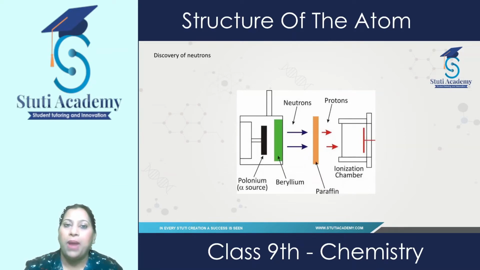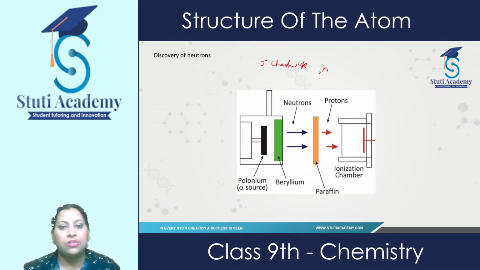The next subatomic particle is neutrons. Neutrons were discovered by J. Chadwick. And they are represented by the symbol small n. He took a beryllium sheet for his experiment. Then he bombarded some alpha particles through it.